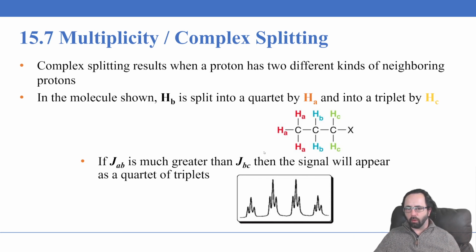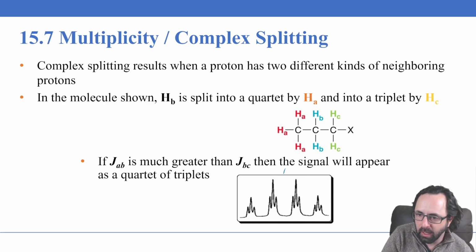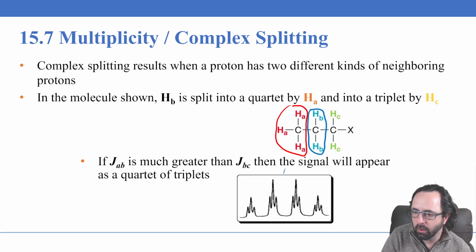So, for example, for hydrogen B here, we're focusing right here, and we can see on the left side, we have 3 protons on the neighboring carbon.